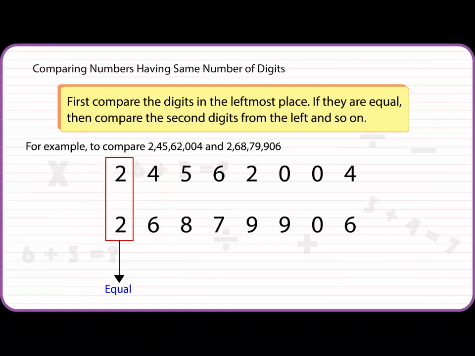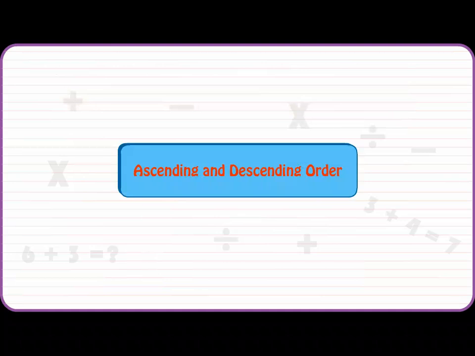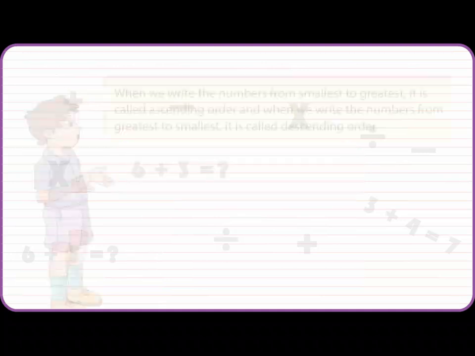So, these are equal. Now, we compare second digits from the left, which are 4 and 6. Here, 4 is lesser than 6. So, 2 crore 45 lakh 62,004 is lesser than 2 crore 68 lakh 79,906.